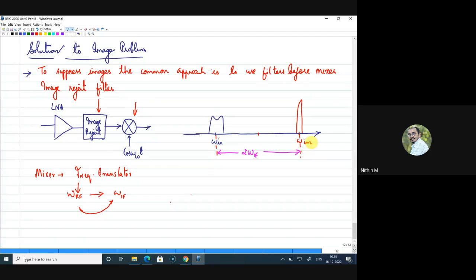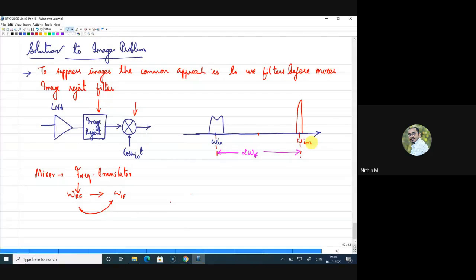Yes, Nikhil, that is right. Omega L very close to omega in in the first stage, so omega in minus omega L would be very close to omega in, so the interferer would be far away, and then we could filter out that part. I didn't exactly get that, Nagaraj. I'll come back and discuss. Let me just finish this.